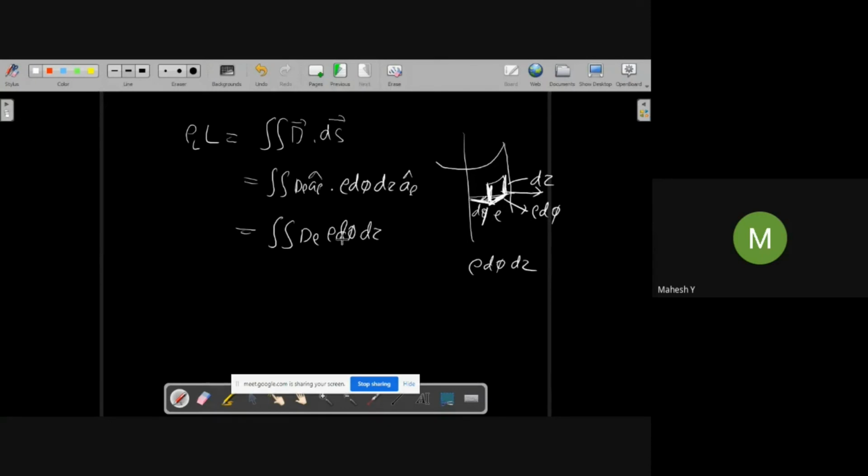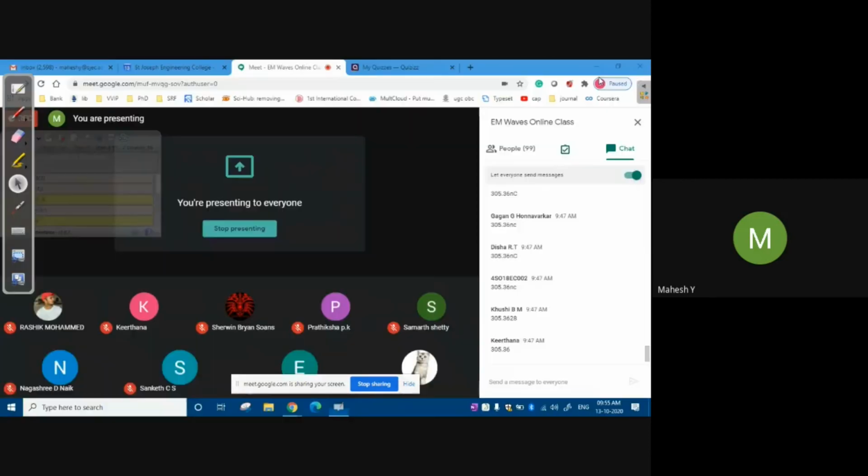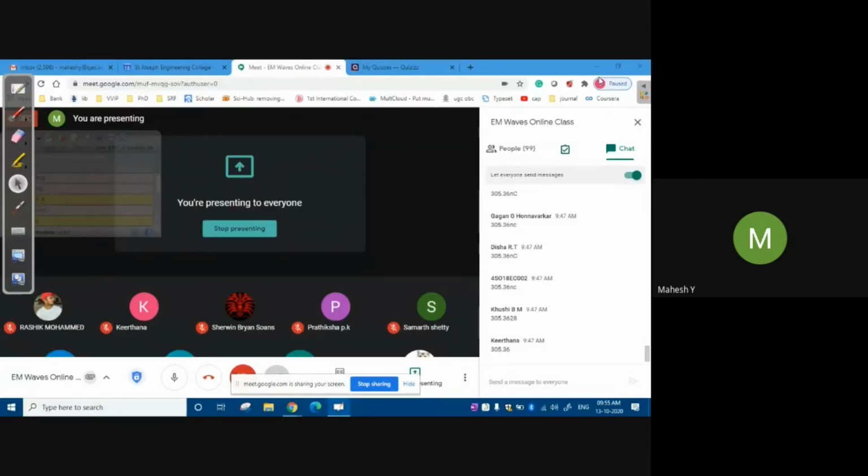So what is the limit for d phi and dz? Can anybody tell me in this diagram? If this is 0, the total length is L, and the other one is phi. Can anybody tell me the limits for phi and z?